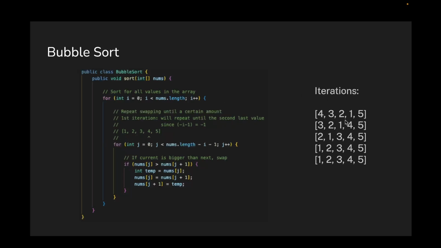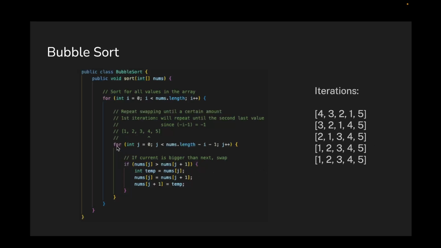That may not be very clear, but let's see how it works in here. On each iteration, I put it right here on the right side. On the first one, we move 5 into the rightmost position, then we move 4 into the position before that, then we move 3, then 2, and then 1 is already here, so the last one and the second to last iteration are the same.